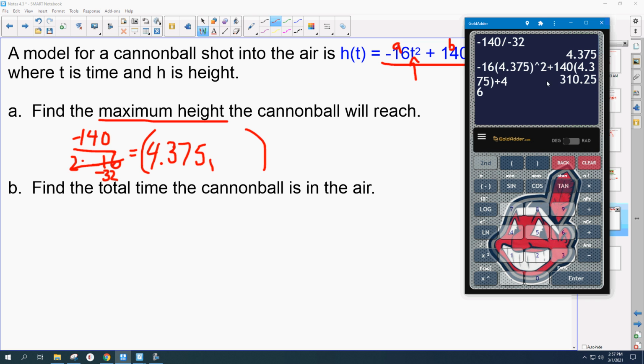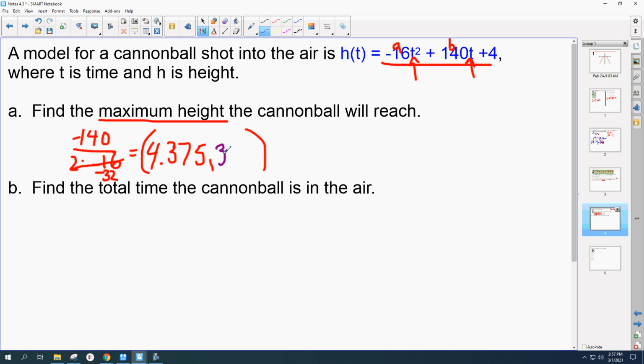That's 310.256 feet. That's the maximum height of the cannonball.